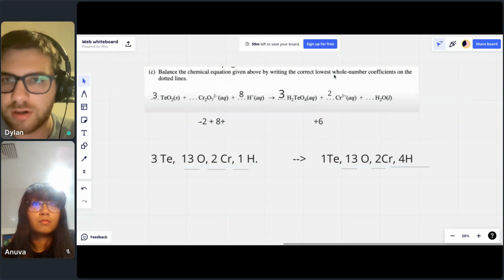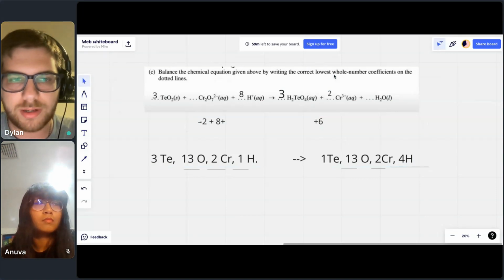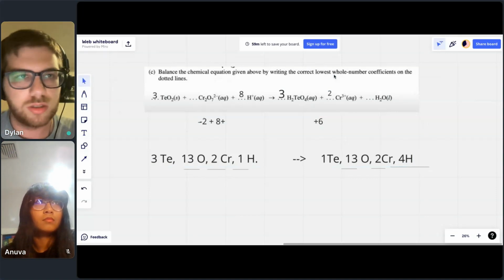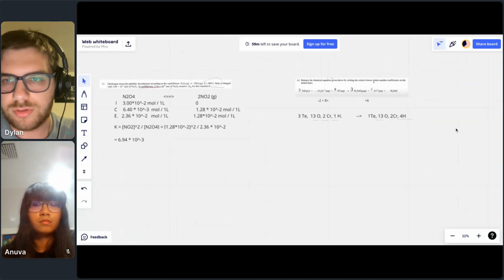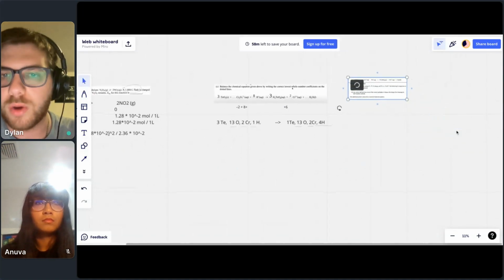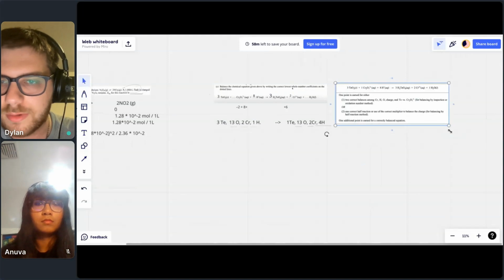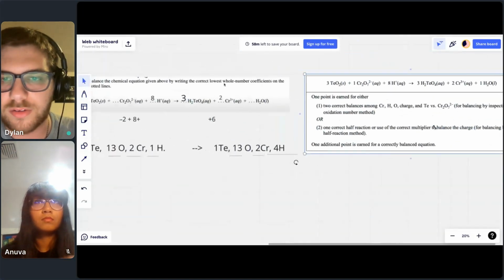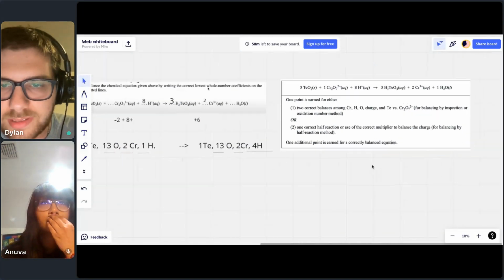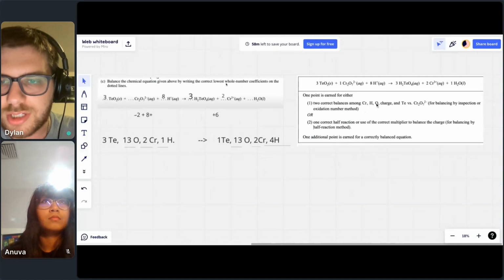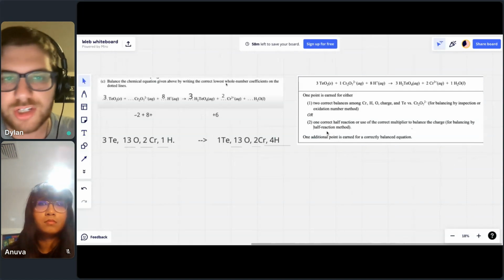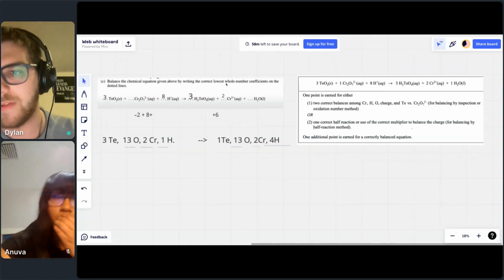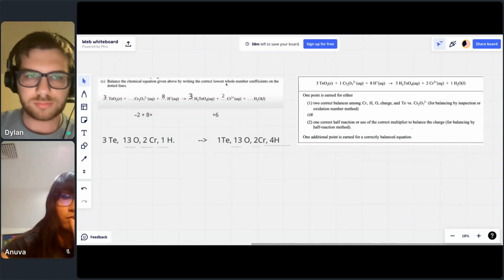So let me actually pull up the actual scoring guidelines real quick, so we can take a look at them together to see what this question would have wanted us to do. So 1 point is earned for 2 correct balances among the elements and charge, so it looks like they wanted us to balance the charges, and we did it by balancing by inspection, right?